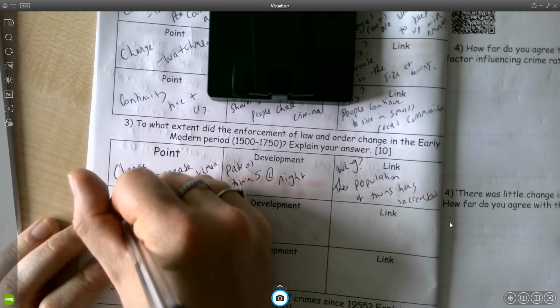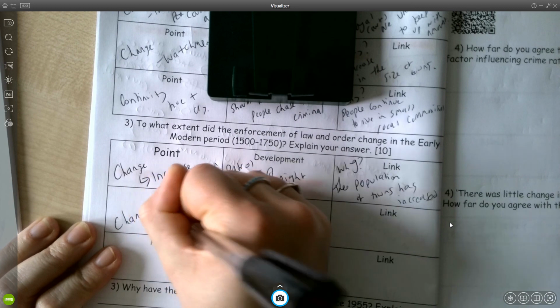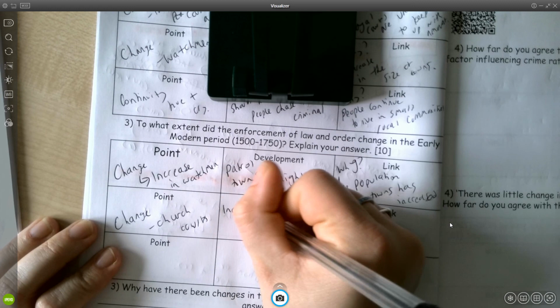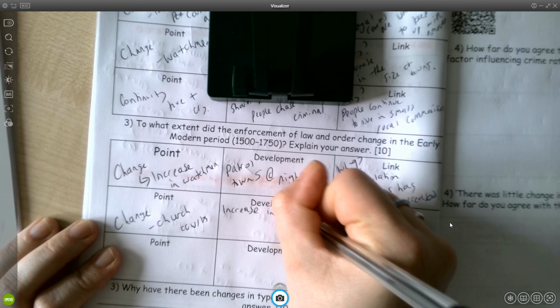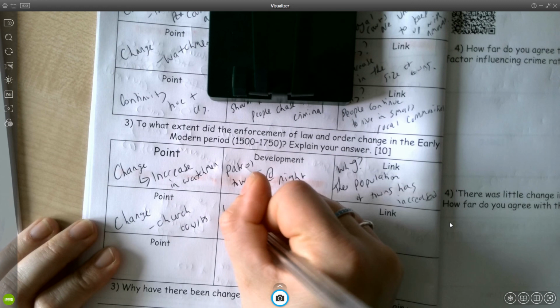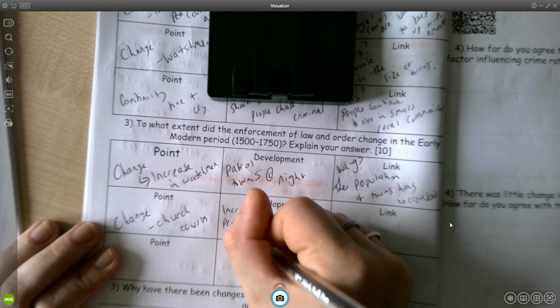There's also a change with the church courts. Now, the church courts actually increase in this period. So the use of them increases in this period, but declines towards the end.